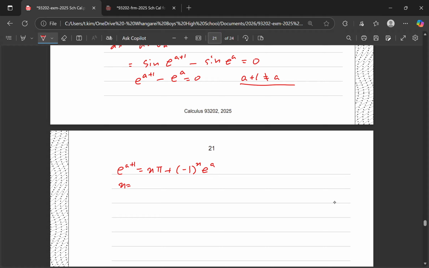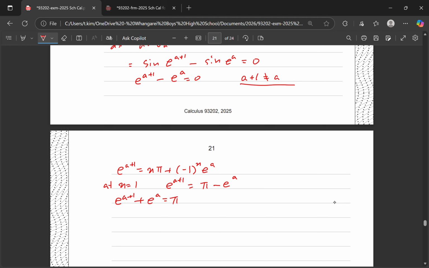So let's do n equals 1. At n equals 1, e to the power of a plus 1 must be pi minus e to the power of a, isn't it? So e to the power of a plus 1 plus e to the power of a equals pi.